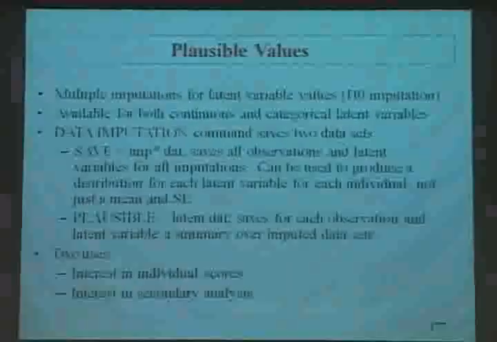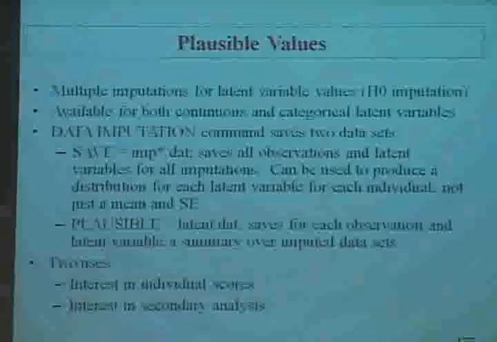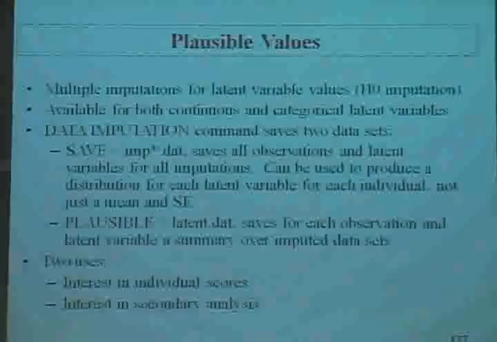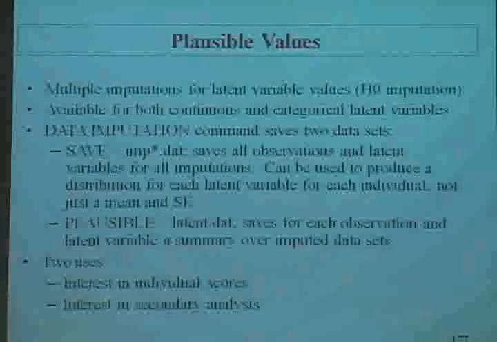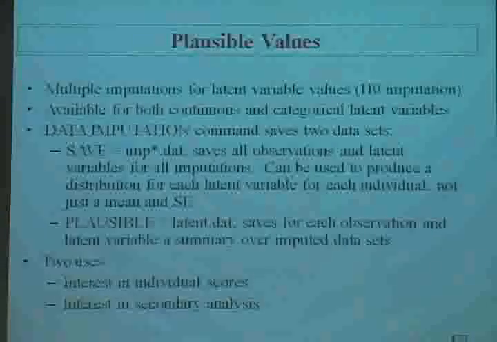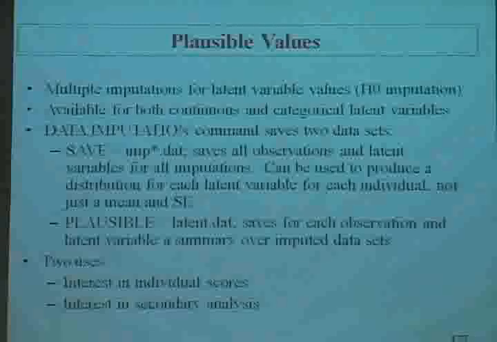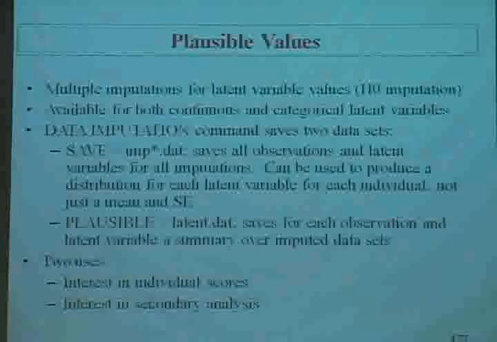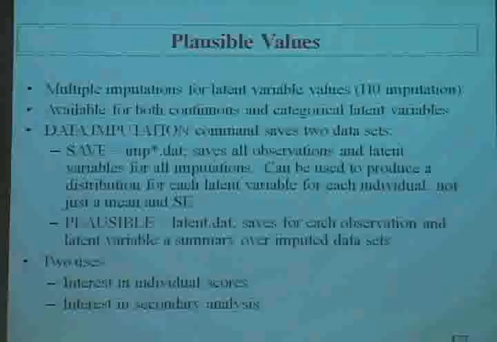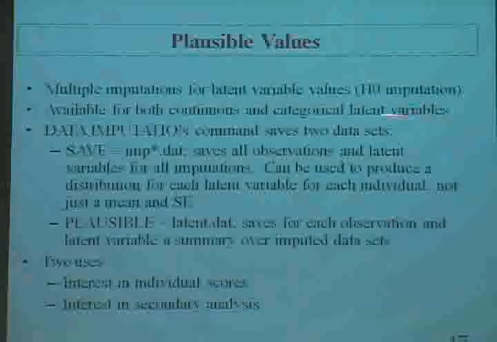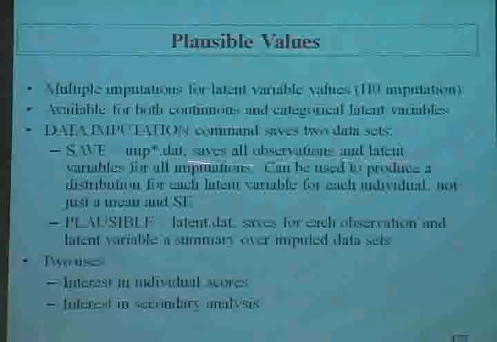Again, H0 imputation is nothing more than estimating a model with the Bayesian estimator, and after the estimation, you keep on running it a little bit longer to impute everything: parameters from the posterior distribution, latent variables from their posterior distribution, and missing data. And you can actually get plausible values for continuous and categorical latent variables.